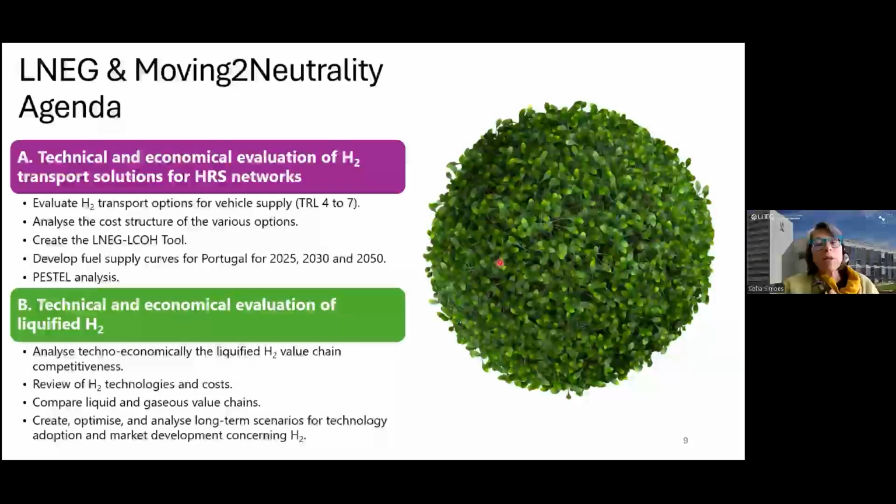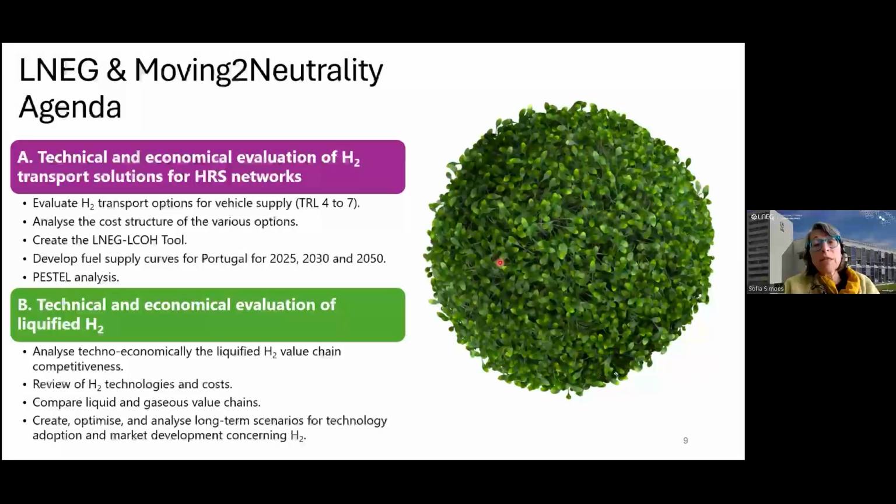So in this context, we are looking at the different hydrogen transport options to make sure that hydrogen gets to vehicles. We are analyzing the cost structure of these various options.